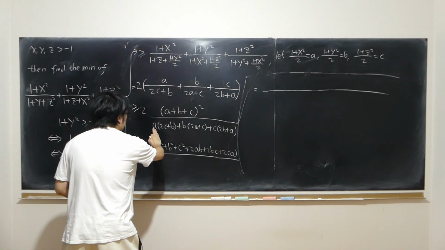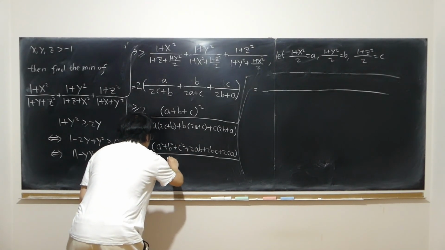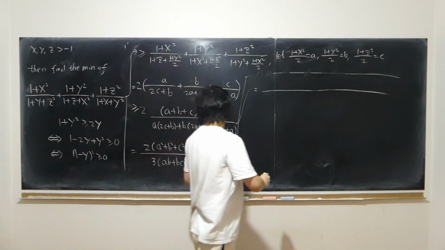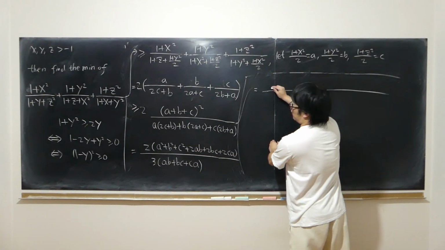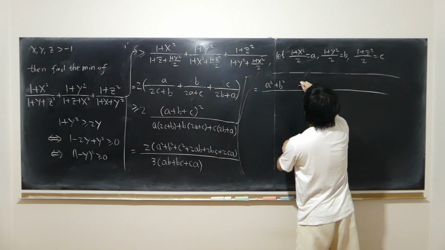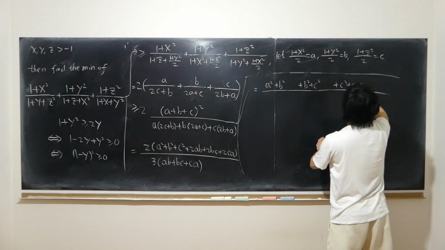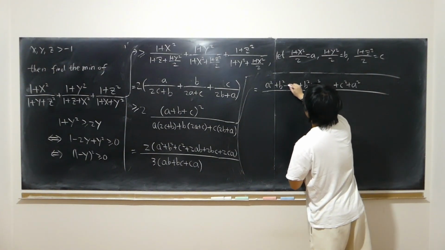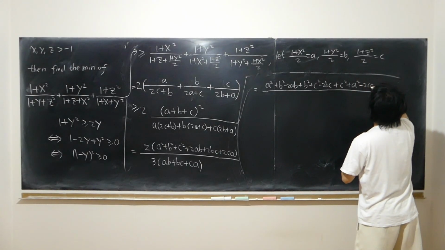Then we have ab, 2ab, 3ab. Likewise, 3bc, 3ca. This is just quick expansion. So here, I got twice of a squared, b squared, c squared. Then I say a squared plus b squared, then b squared plus c squared, then c squared plus a squared. I got twice of each square. Then I can just minus 2ab and minus 2bc minus 2ca.